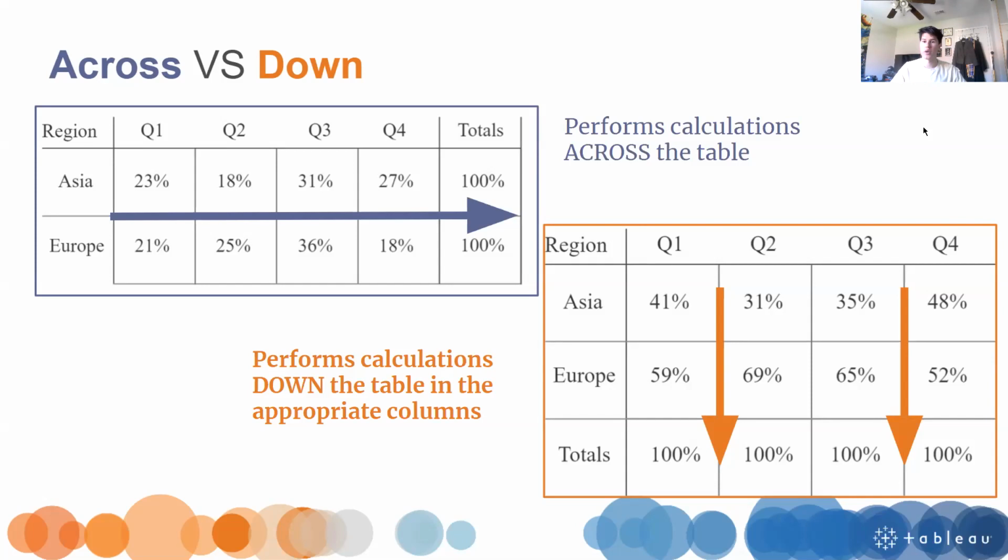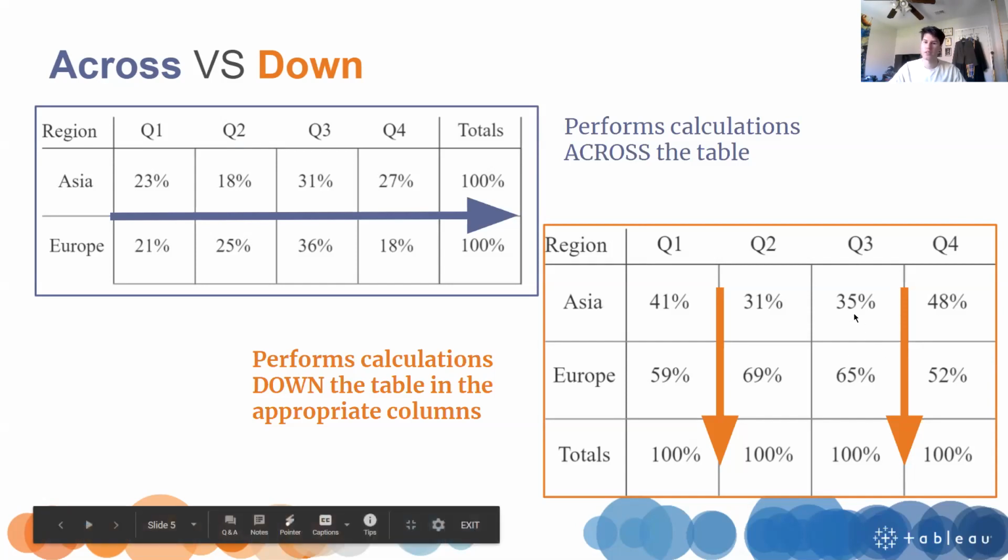And let's say if we had to propose a specific time for when we should raise or lower prices, maybe we can make the recommendation that in quarter 3, we can raise Europe's prices because more people are more inclined to travel in Europe during the third quarter. So we see 35 and 65 adding up to 100%.